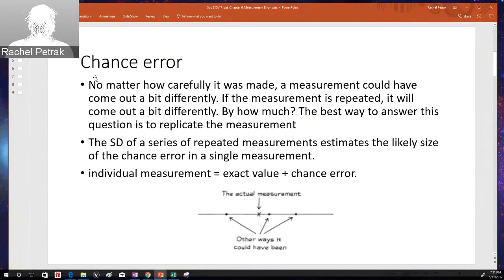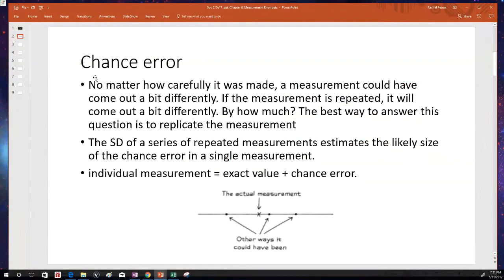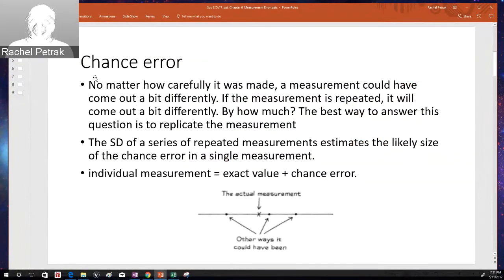If I went out there again and then measured the temperature outside again, it's likely I would see some small error in my measurement. It might come out now at 66.3, 66.5. You know, there's always a margin of error that surrounds any actual measurement.